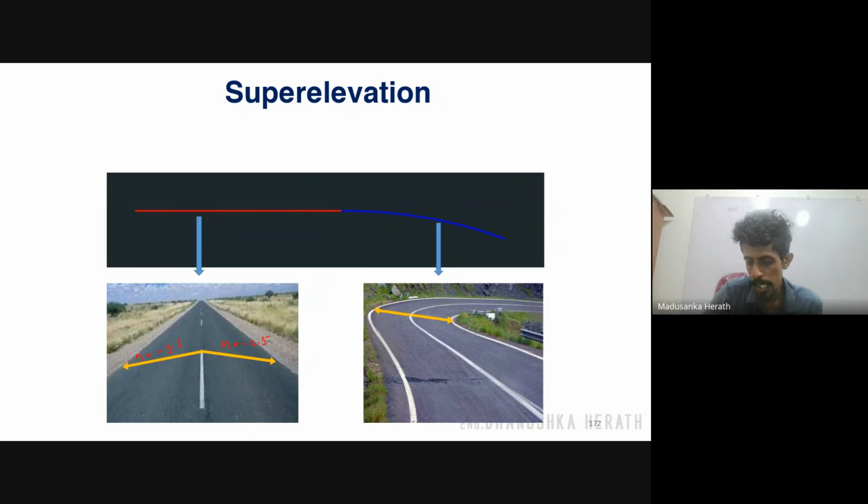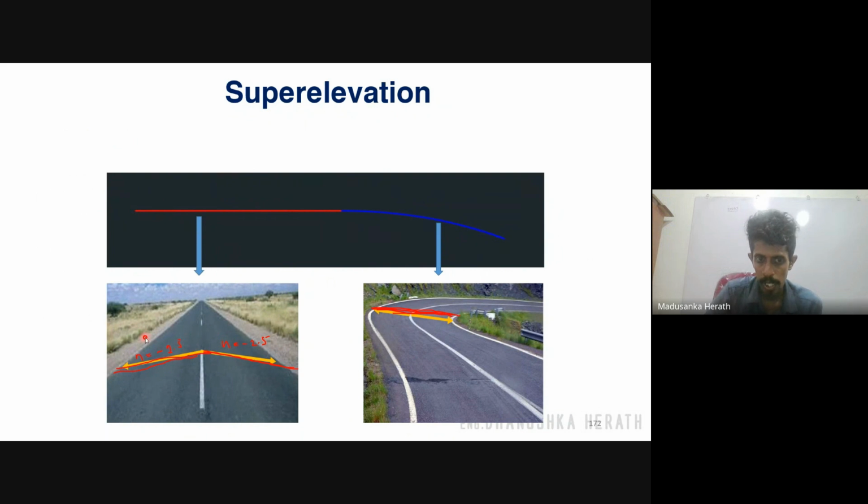Right, here you can see this is a curved section. In the curved section, the slope is in the same direction. In this case, the slope is in either direction from the middle, but here the slope is in the same direction. So that is the scenario of super elevation.